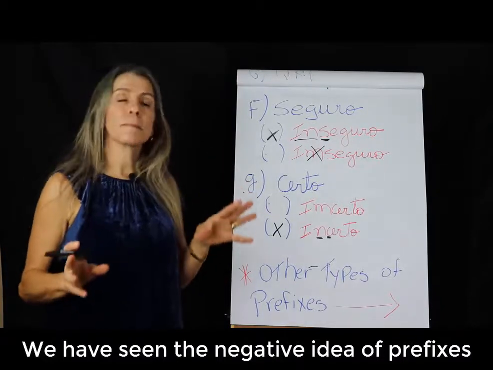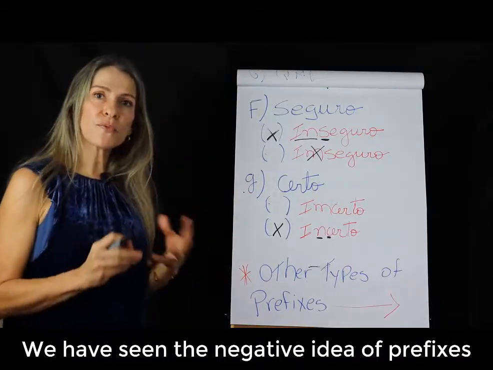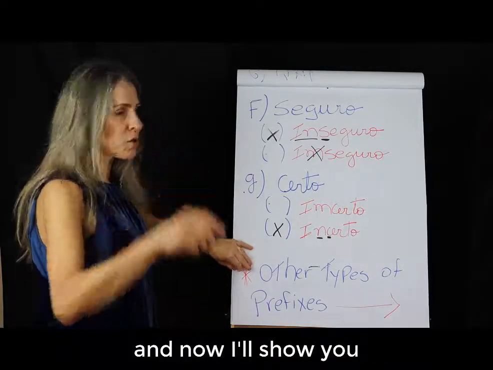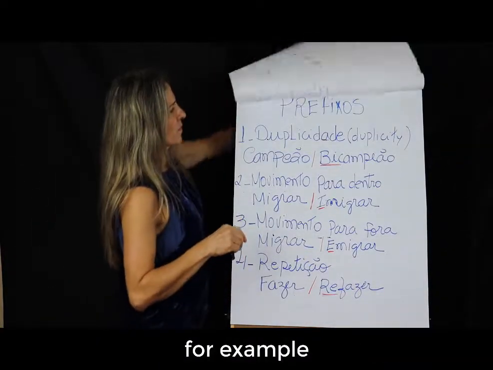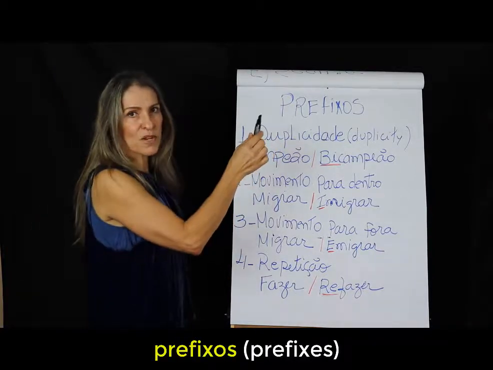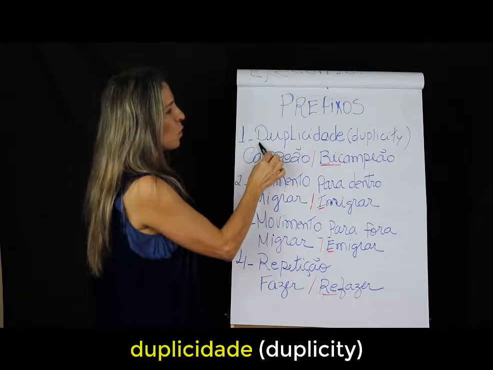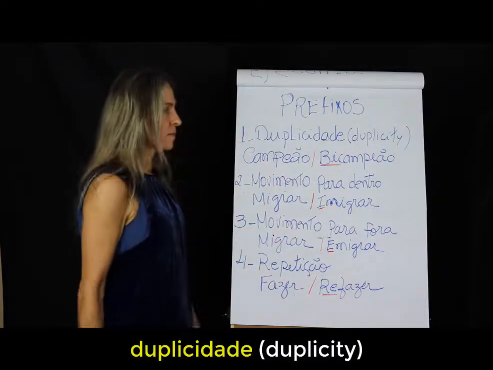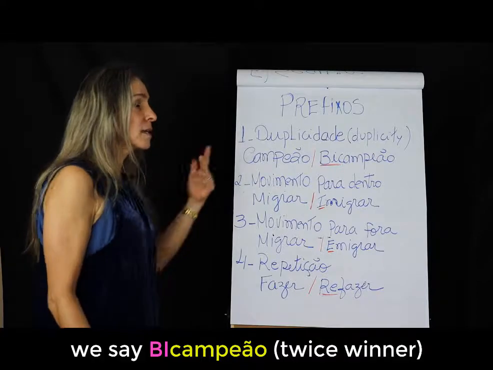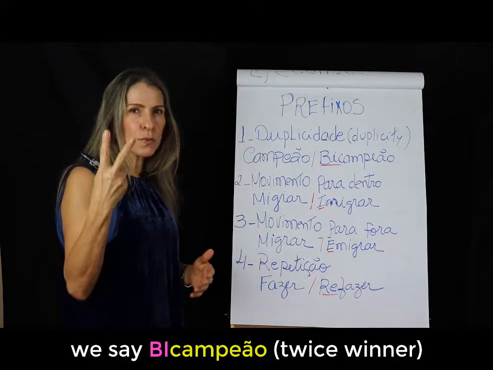So, we have seen the negative idea of the prefixes, but we have other types of prefixes, and I'll show you. For example, duplicidade, duplicity. For example, campeão, champion. We say bicampeão, twice winner.